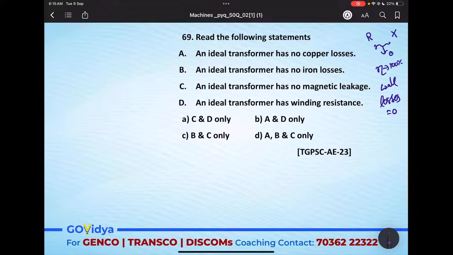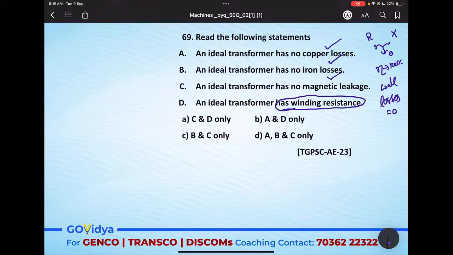From the given options, if you observe, copper losses are not there. Yes, this may be true. No iron losses. Yes, it may be true. Third option, no magnetic leakage. Yes, it may be true. Fourth option, an ideal transformer has winding resistance. If winding resistance is there, again copper losses will be there, and efficiency may not be 100%.